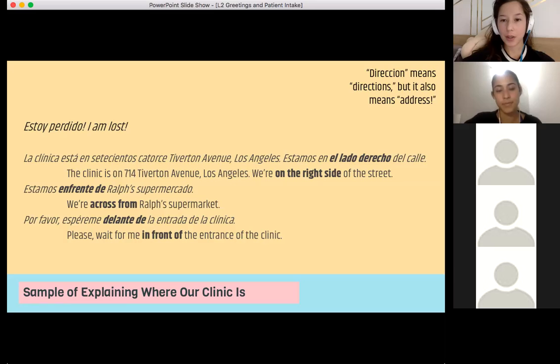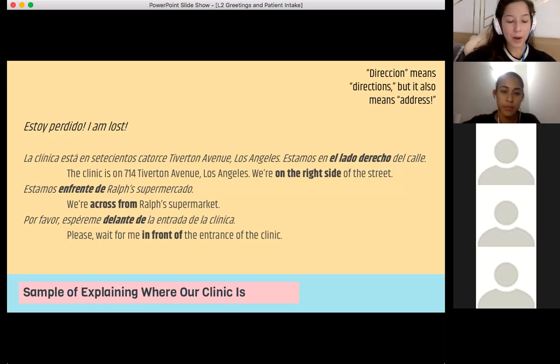So if you wanted to say we're on the right side of the street, you'd say estamos en el lado derecho de la calle. Derecho, right, is being used as an adjective here, so it comes after the side. And if you want to say we're in front of the Ralphs or across from the Ralphs on the other side of the street, you'd say estamos en frente de Ralph's supermercado.